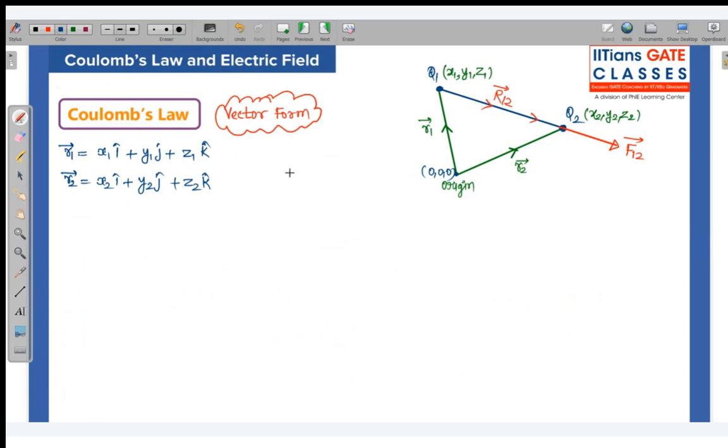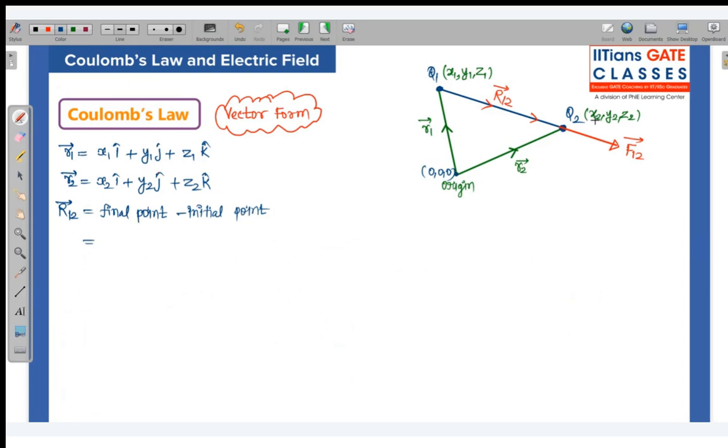Now, how do you write this r12, which is known as the displacement vector? The displacement vector is nothing but the displacement from one point to another. So basically, it is final point minus initial point. What is the final point?